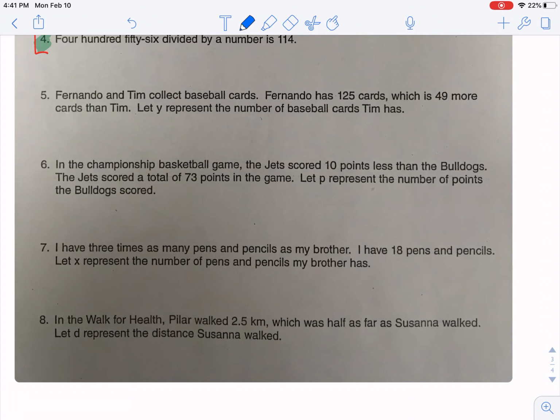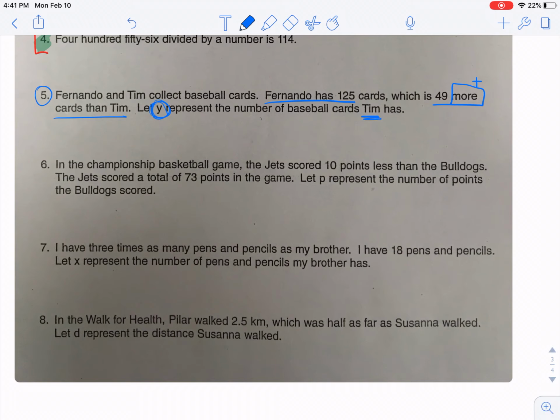So let's look at number 5. Fernando and Tim collect baseball cards. Fernando has 125 cards, which is 49 more, we already said last time, more equals addition, cards than Tim. Let Y represent the number of baseball cards that Tim has.